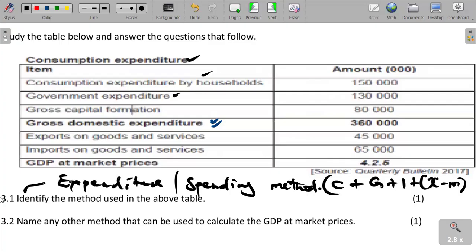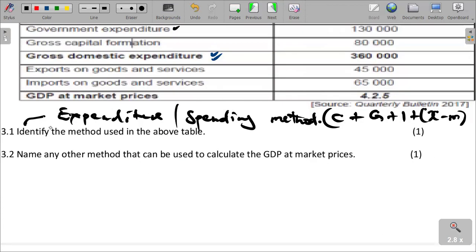So now, the next question says, name any other method that can be used to calculate GDP at market prices. We can talk about the income method.